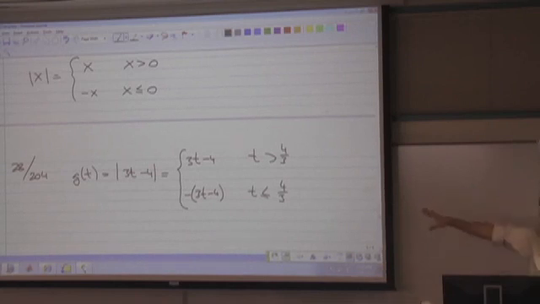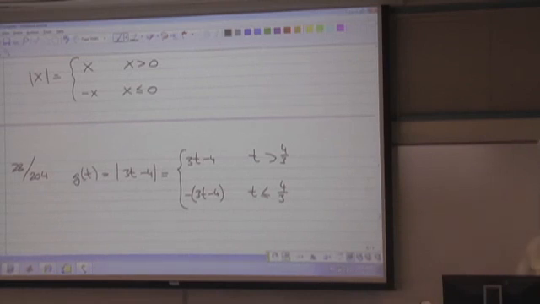So once you have it now, it should be very easy to take the derivative, right? Because you just basically take it on branches. And the key idea that we have taken, hopefully, from chapter 2 when we were talking about derivatives, is that the absolute value function is going to look like a V, right? And so when you take the derivative, there's not going to be a derivative at 4/3, right?